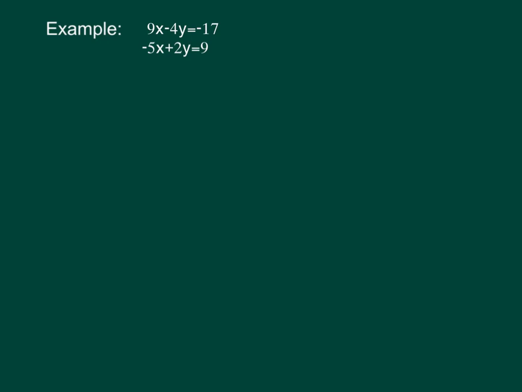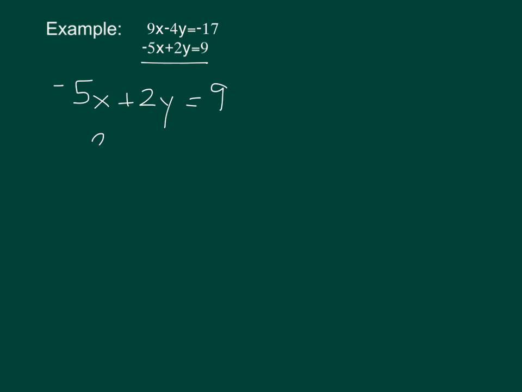For this example, you'll notice that it's not very evident whether we should solve for x or y. The truth is it doesn't matter, but it's not as clear as it was in the previous example, where the coefficient of y was 1, so it was really easy to solve for. Here, I'm going to start with minus 5x plus 2y equals 9, and I'm going to solve for y again.